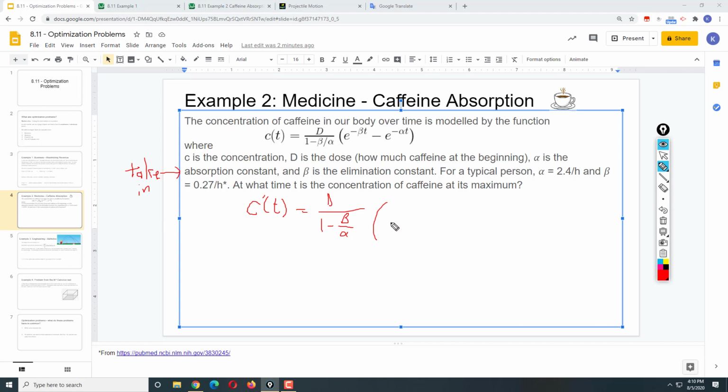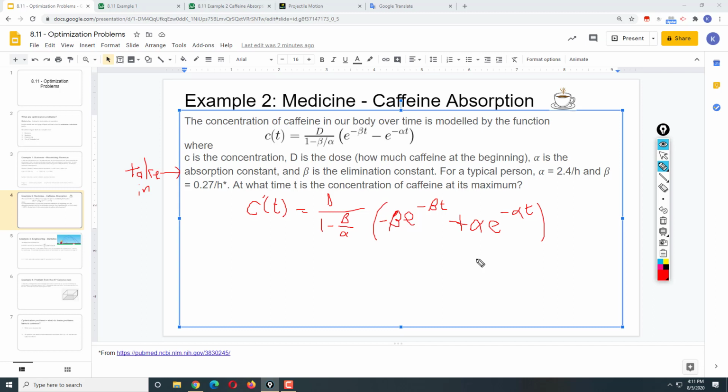We take the first term, that's e to the negative beta t. But chain rule, we have to take the derivative of this, which is negative beta. Okay. Next term, we have minus e to the negative alpha t. Again, chain rule. So a negative alpha comes out in front. Two negatives cancel, we get positive. So that's the derivative.